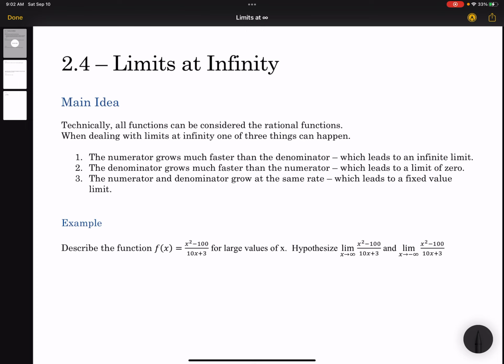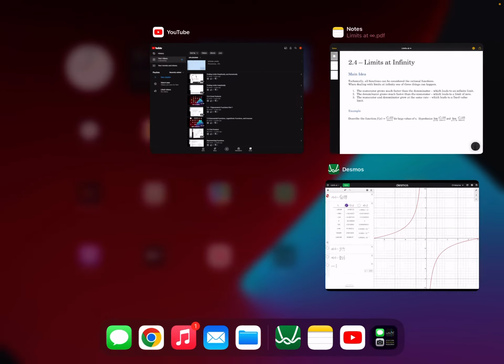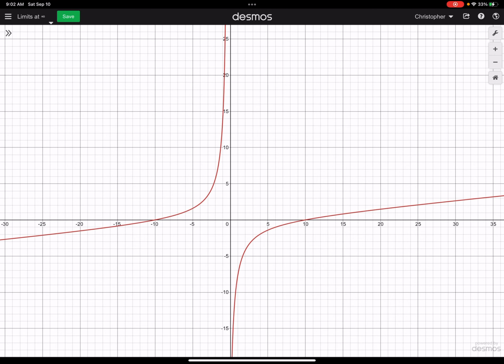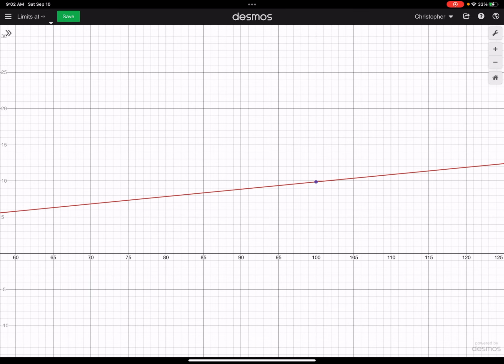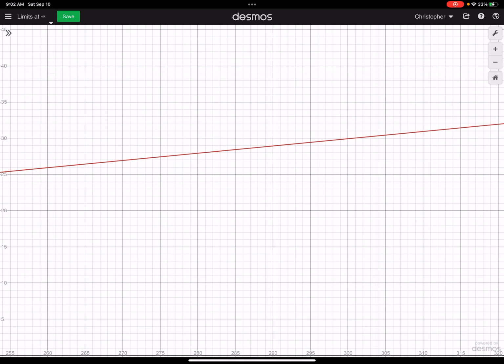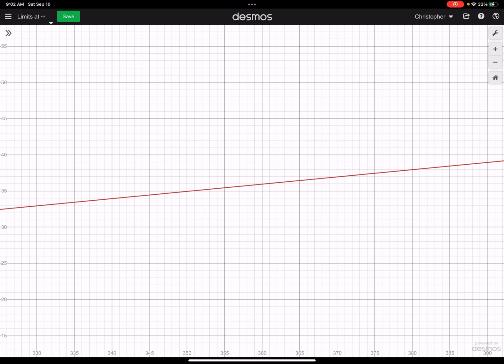For our first example, we want to describe the function f of x equals x squared minus 100 divided by 10x plus 3 for very large values of x. So let's look at that graph first. When we look at the graph, we can see that when x is very large, our function seems like it's going to just keep growing and growing until it gets to positive infinity.